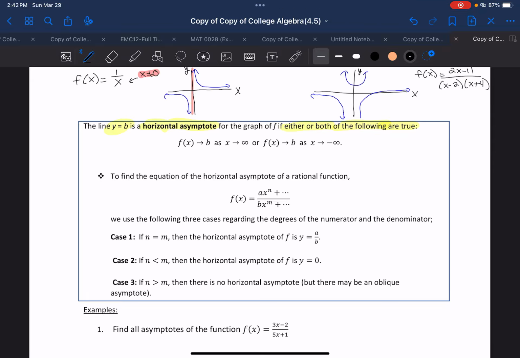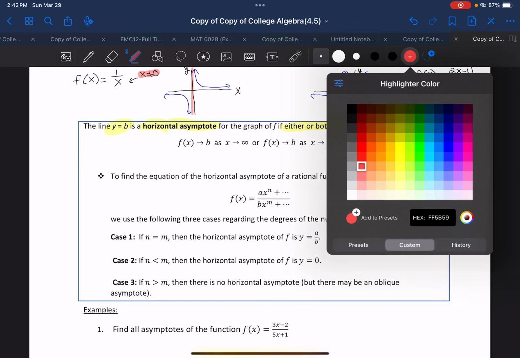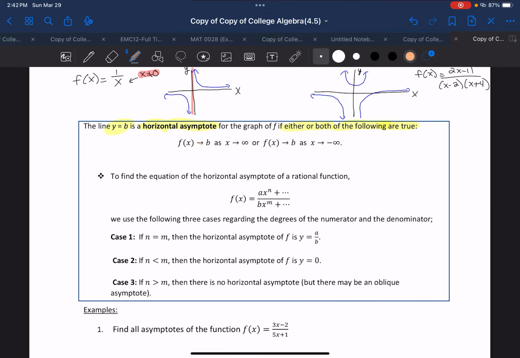Okay. So now back to this definition. I'm going to highlight this notation on the first part here, and then I'm going to write out what that says. So again, our function will have a horizontal asymptote at the y value of b if one of these or both of these are true.